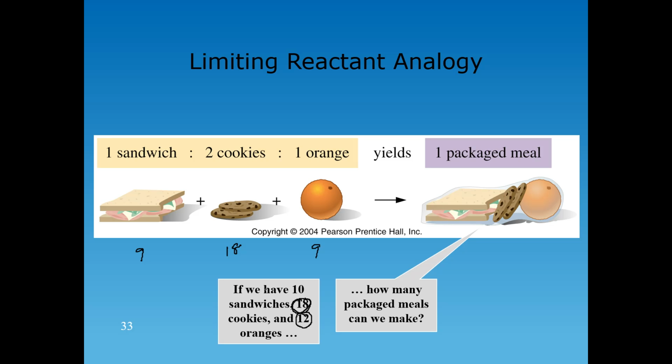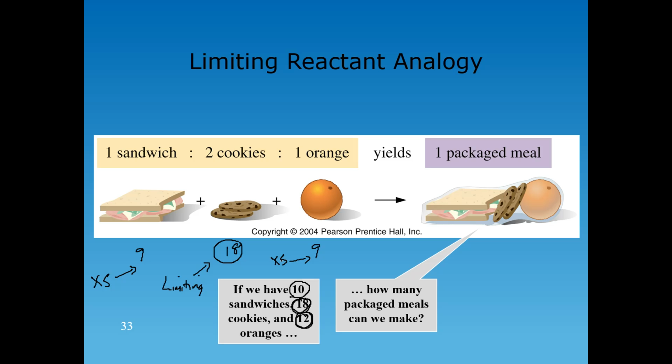This can work because we actually have 10 sandwiches, so 9 of the 10 sandwiches will be used up, and we have 12 oranges to begin with, so 9 of the 12 oranges will be used up. So the cookies would be the limiting item. Let me put here limiting, while the sandwiches and the oranges will be in excess.